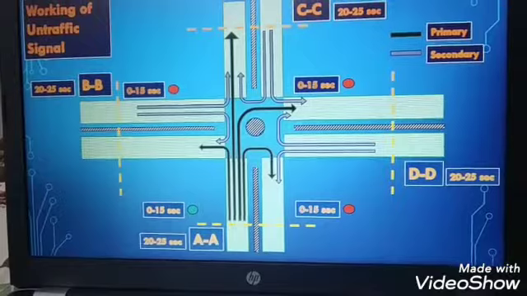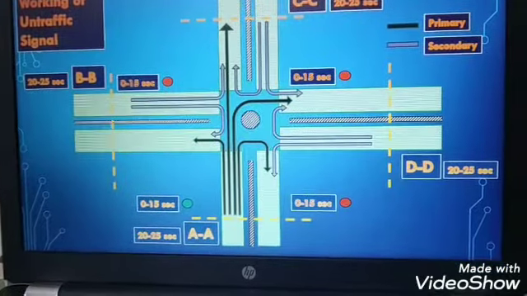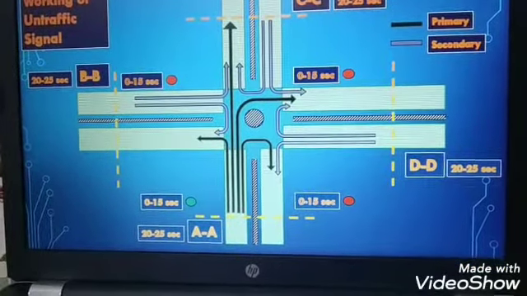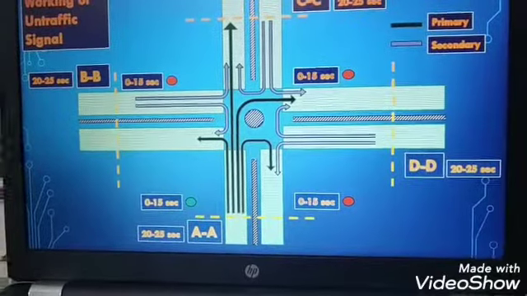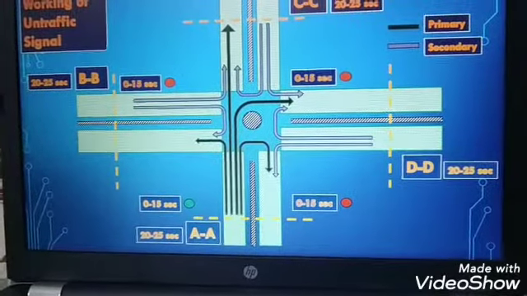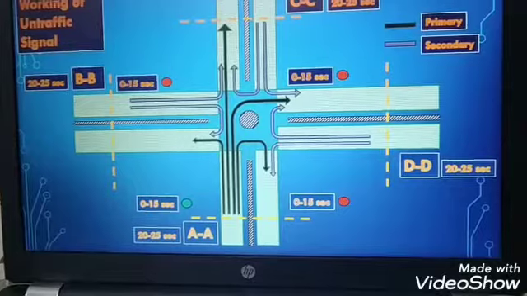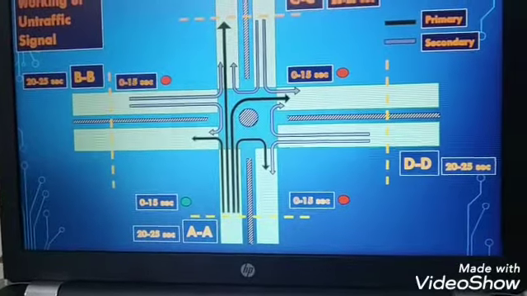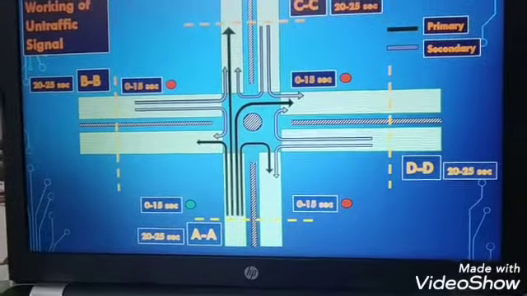It's this method. Say for the first 15 seconds, AA is enjoying the green signal as a primary lane, while others are at red signal, and except the gray arrows, they will have red signals.